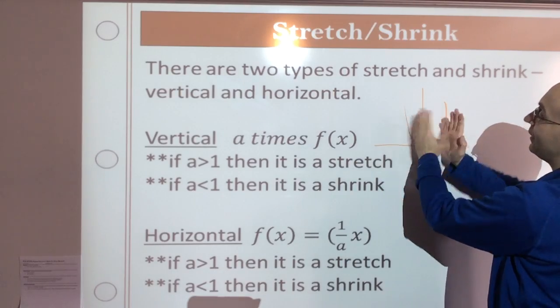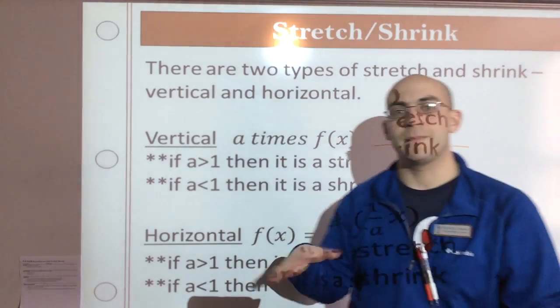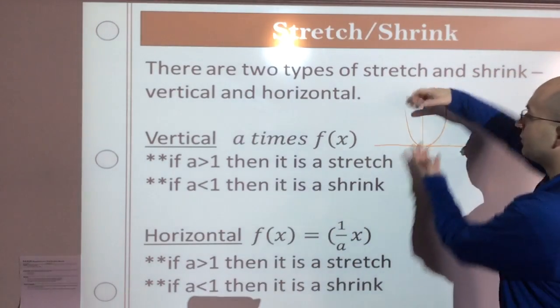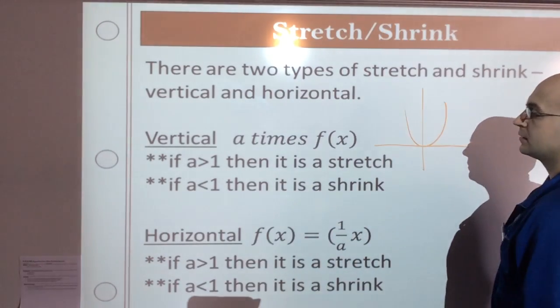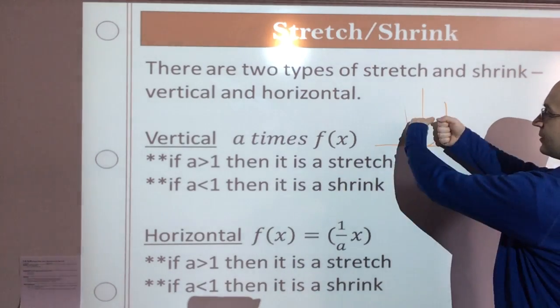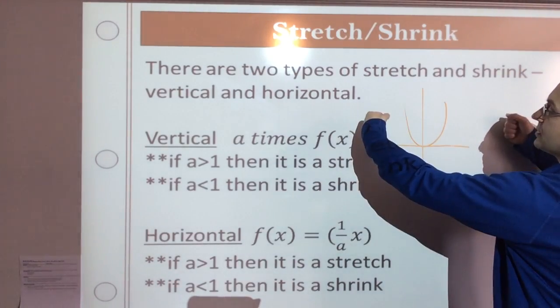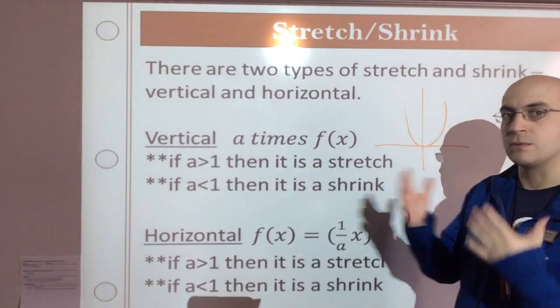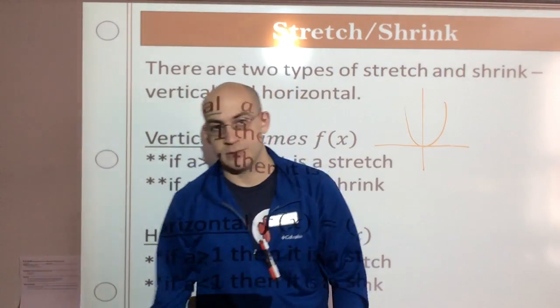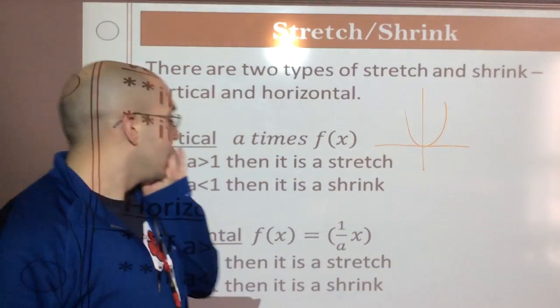So it's going to get thinner and taller. So they pretty much have the same effect on each other. When we start using Desmos, this is going to be a lot easier to see. Vertical stretch, vertical shrink, horizontal stretch, horizontal shrink. So think about grabbing the function on both ends and moving it how you need to. That's how I look at it. It'll be a lot easier for you.